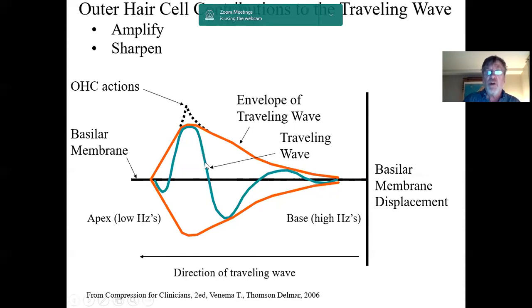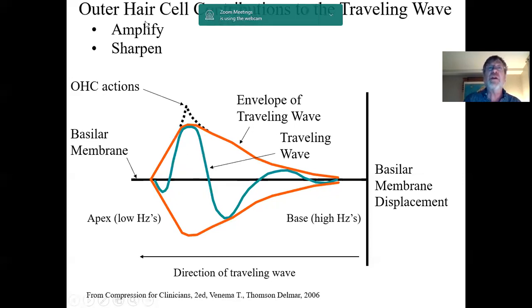In this case, low frequency stimulation is stimulating these hair cells, and the outer hair cells are serving to amplify and sharpen the peak of the traveling waves so that just these inner hair cells, if you follow my cursor, are sending info to the brain instead of all of these.